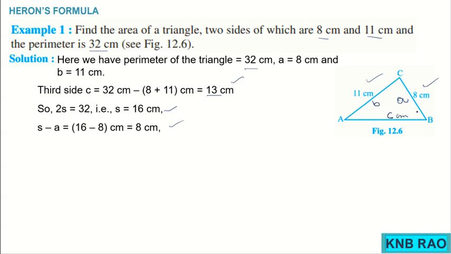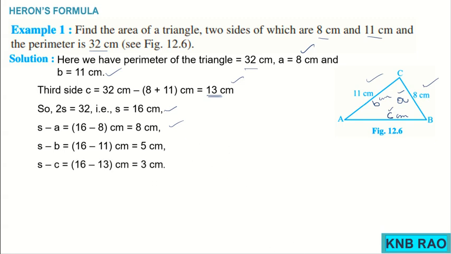That means side AB length is small c, side BC length is small a, and side AC is small b. Thus here I know a, b and c is 13 centimeter, which means now s minus a is 16 minus 8, s minus b is 16 minus 11, which is 5 centimeter, and s minus c, that is 16 minus 13, gives you 3 centimeter.